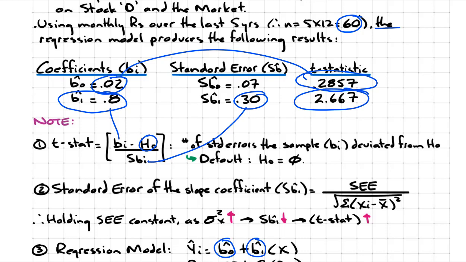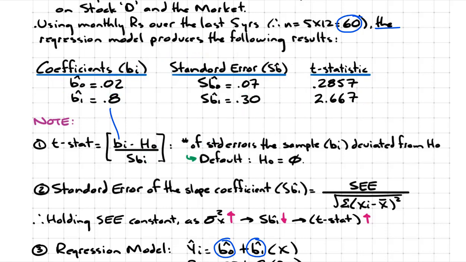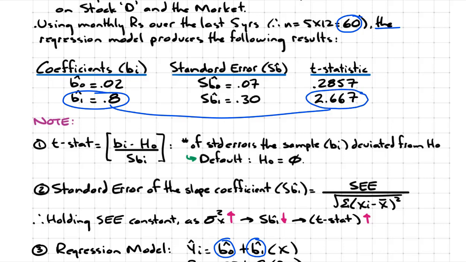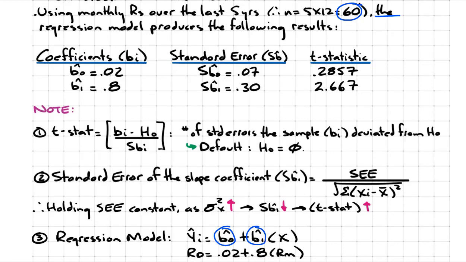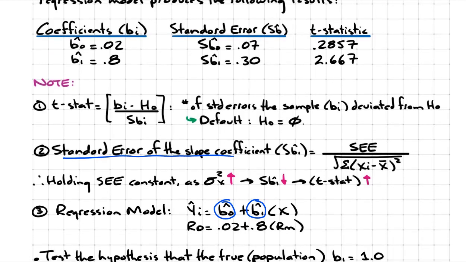And it would tell us that the B1 value, this one here, is 2.667 standard errors away from 0. So you can see that the B1 value is much further away from 0 and therefore more likely to be significant.